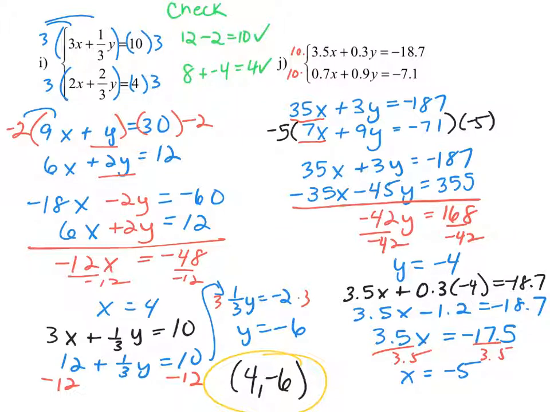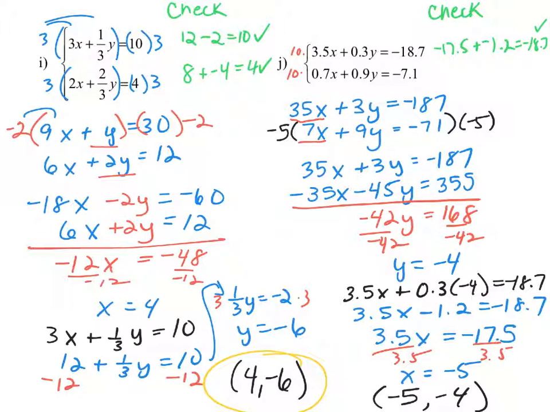All right, so my solution to the system of equations is negative 5, negative 4, and always you want to check that back into the original equation. 3.5 times negative 5 is negative 17.5 plus 0.3 times negative 4 is a negative 1.2, and that does equal the negative 18.7.